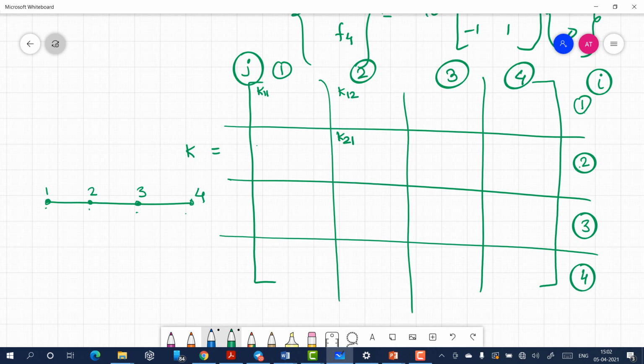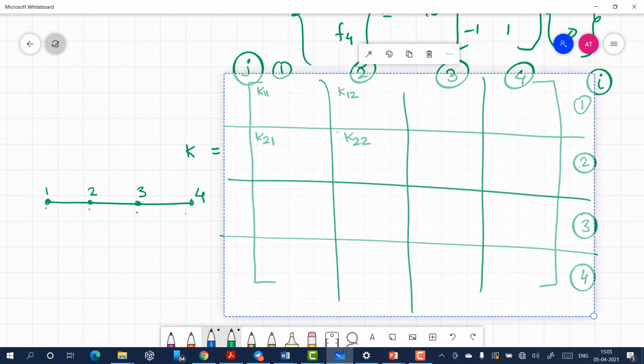No, this is wrong. So K21 will be here. And then this will be K22, right? And then K31, well, you can actually populate all those.